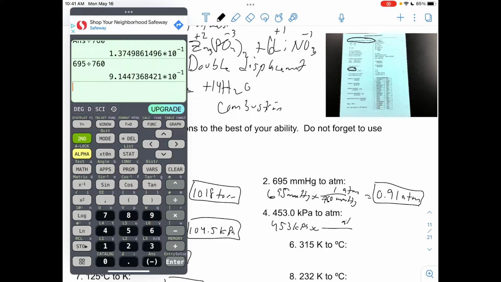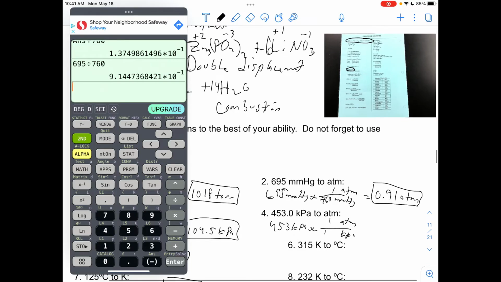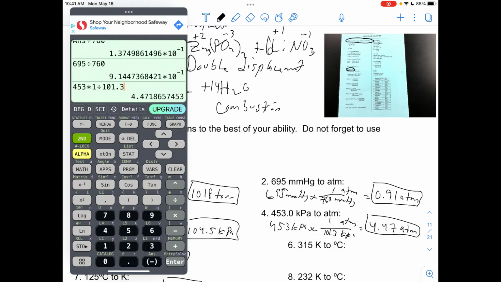453 kPa to atm. kPa is 101.3. So 453 times 1 over 101.3. 4.47 atm.